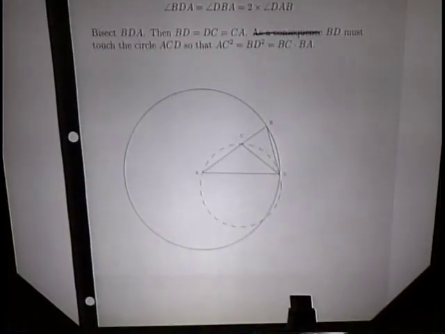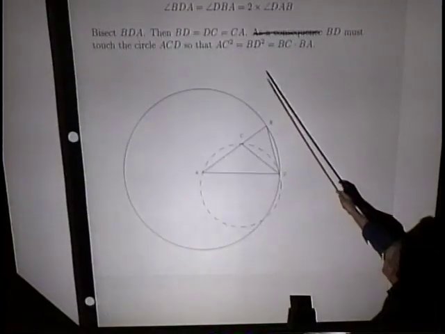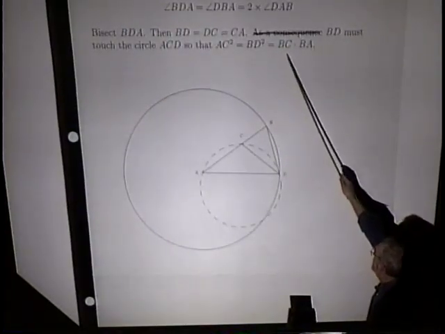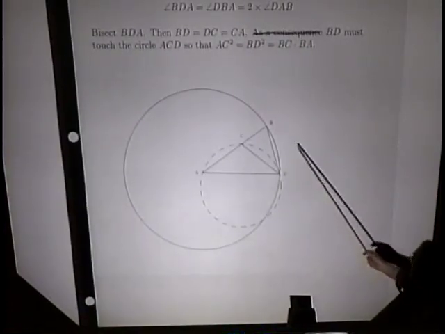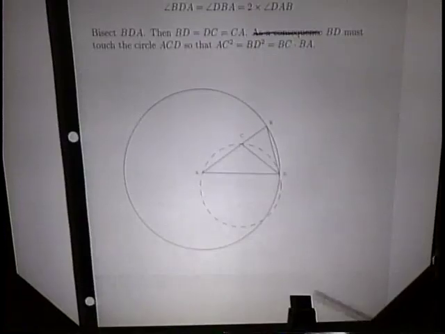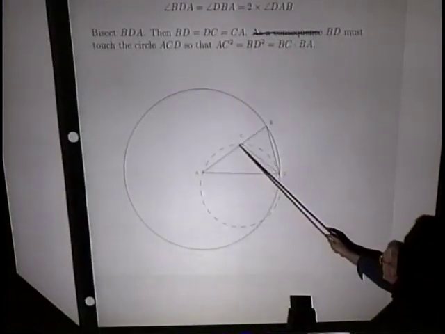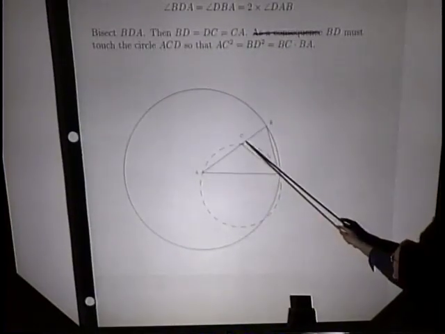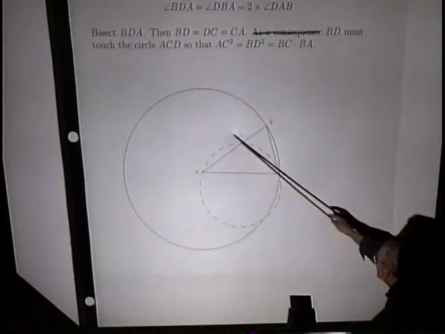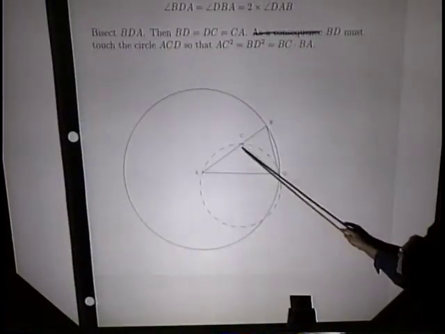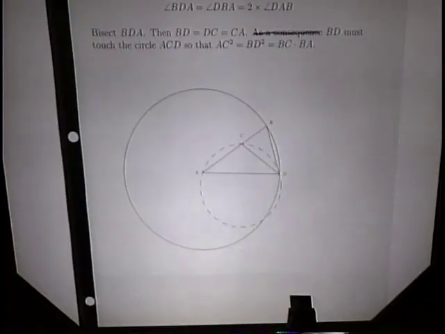So BD squared is BC times BA, if you like, in this language. And there we are, but BD squared is AC squared. So what that means is that indeed this particular interval is cut by C, the point where this line that bisects the angle meets the small circle, into extreme and mean ratio.